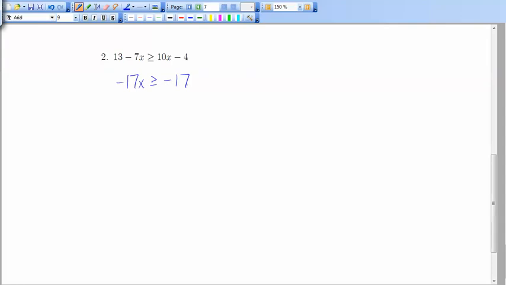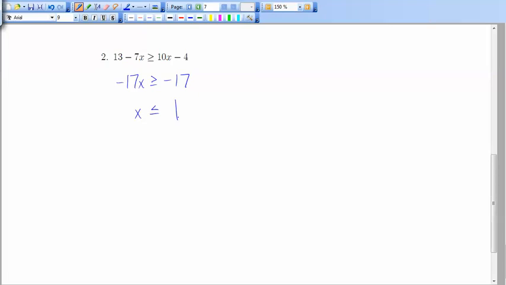Now, again, we're just adding or subtracting terms on both sides. That's no problem. It doesn't change the direction of the inequality. But now we see an operation that will. We're going to divide both sides by a negative number, by negative 17. And that is going to switch the direction of the inequality symbol. So we're going to have not x is greater than or equal to something, but x is less than or equal to negative 17 over negative 17. That's positive 1.